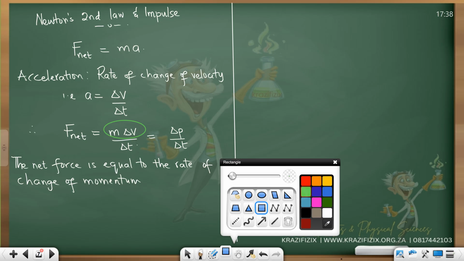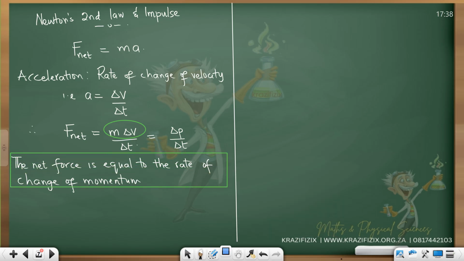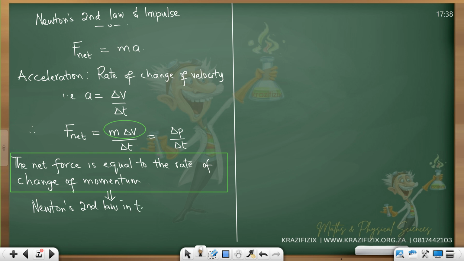And this whole thing here is called Newton's second law. Not the one you know, but this one in terms of momentum. Newton's second law in terms of momentum.